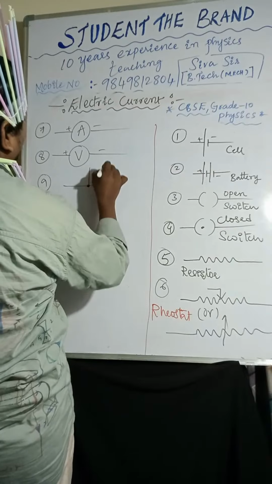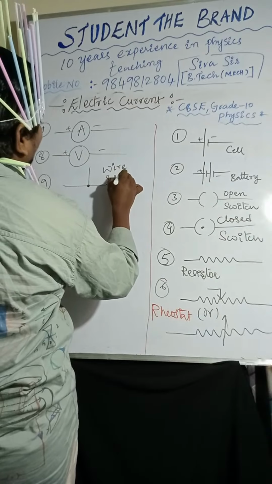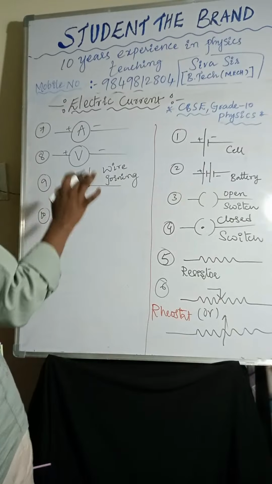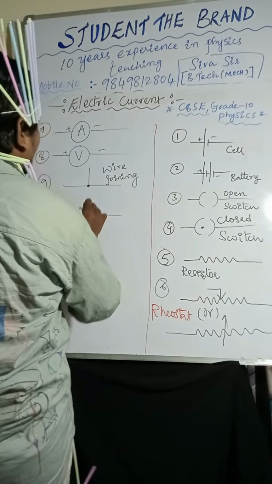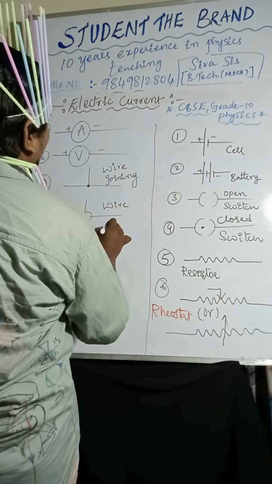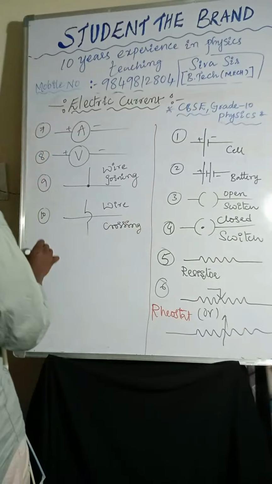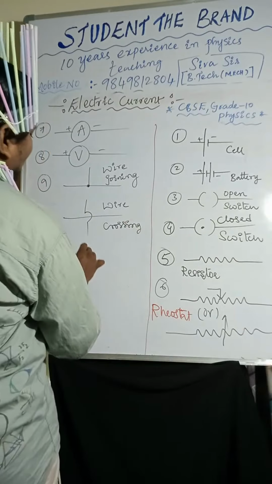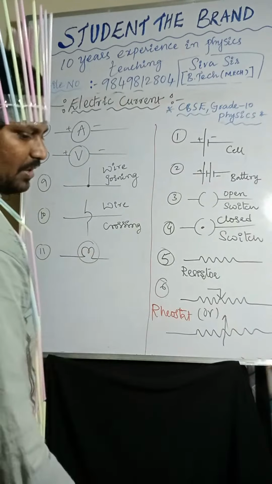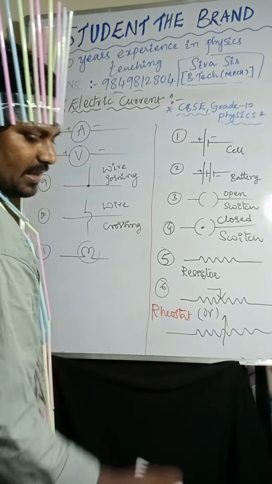Tenth one, wire crossing. 11th one is electrical bulb. What is that? Electrical bulb.